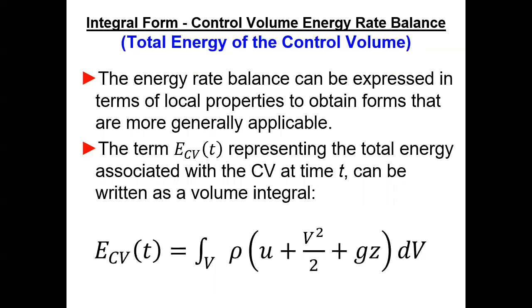Kilograms per meter cubed. So all of that, the rho times the bracket term, is the amount of energy in that dV. And then you're going to add up by integrating all of the little volume elements across the control volume. So it's similar to mass. We're just picking up a little bit more in terms, and we're talking energy in terms instead of just mass.